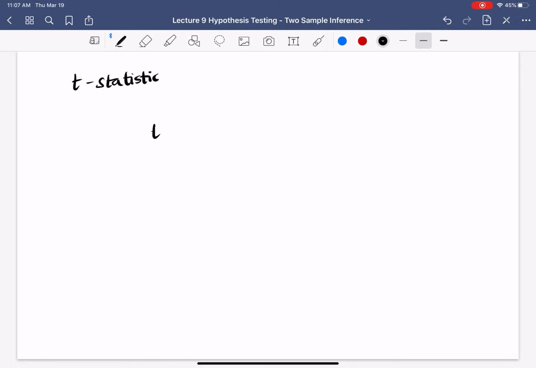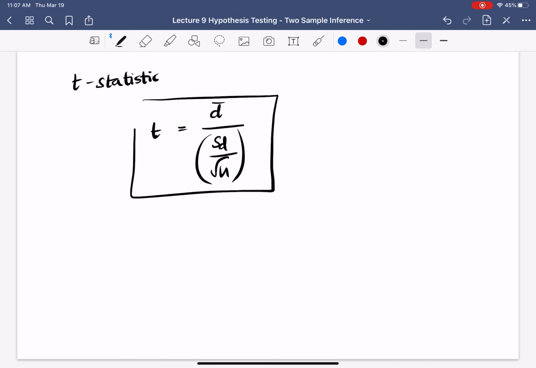Here, t can be written as d bar divided by SD by root n, that is, standard deviation divided by root n. So this is the formula for the t statistic in a paired t-test. Remember that we are talking about a paired t-test.